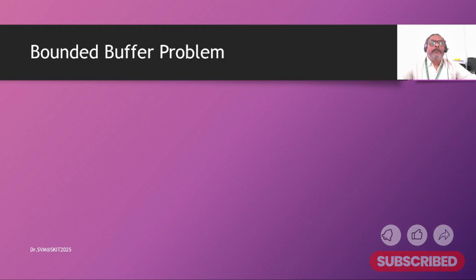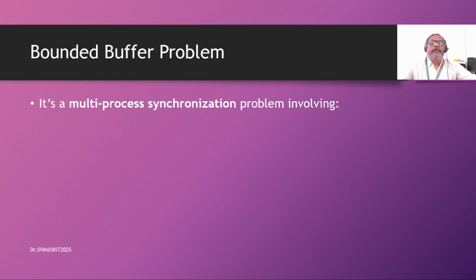Or we can have a common memory, which we call a buffer, a shared memory or shared buffer, which multiple processes can access, and through this we can make multi-process communication possible.